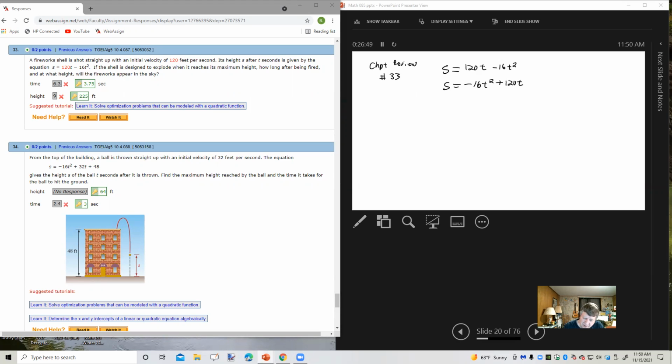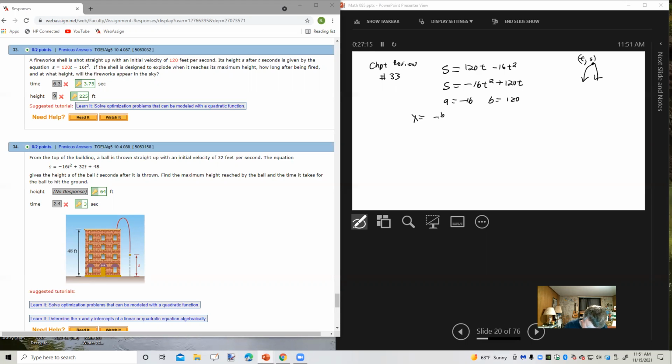Okay, we see that A is negative 16, so this thing is a parabola opening downward, and the vertex would be T, S, where T would be the time it takes to reach its maximum height, and S would be the maximum height. So we've got A is negative 16 and B is 120.